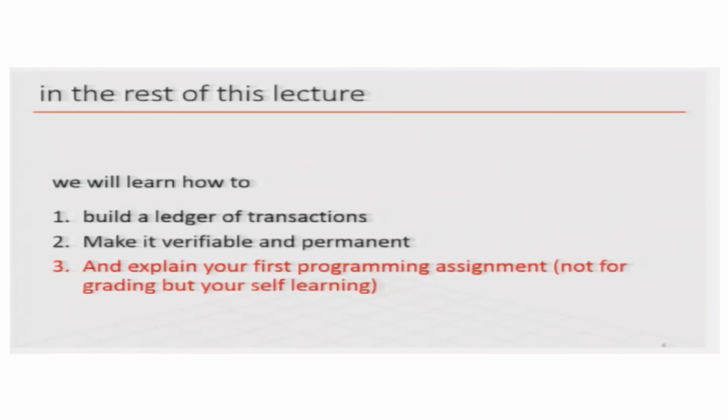Also, we will see how to make this permanent, that is, how to ensure that nobody can tamper with data once it is put in the blockchain. And then we will explain the first programming exercise, which is for your self learning.